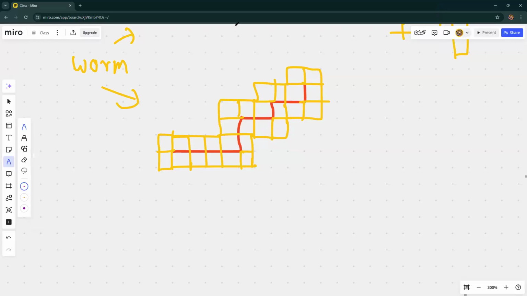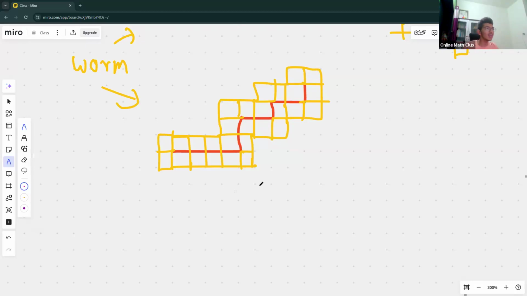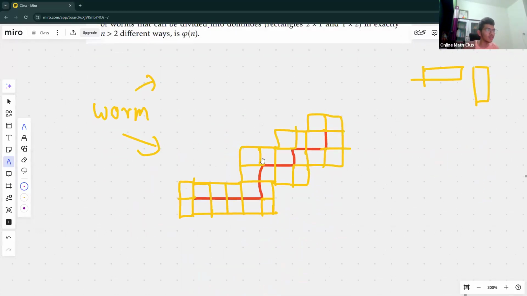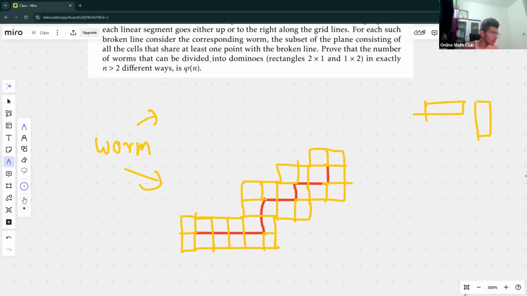Can you show us the question once more? Okay, you can read it, but I will explain the question once again, from the start. We have some line in a grid. It should pass through integer points and it can only go up or right.